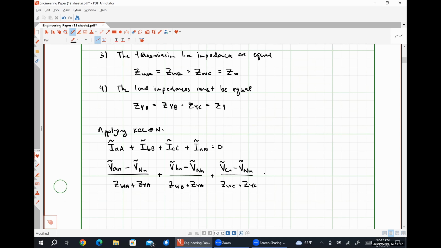So the voltage drop across the neutral conductor is going to be V lowercase n capital N divided by that impedance Zn. And now what I'm going to do is flip the subscript on that neutral conductor voltage so that it's V capital N lowercase n.